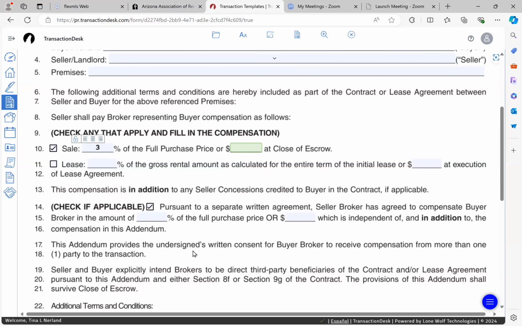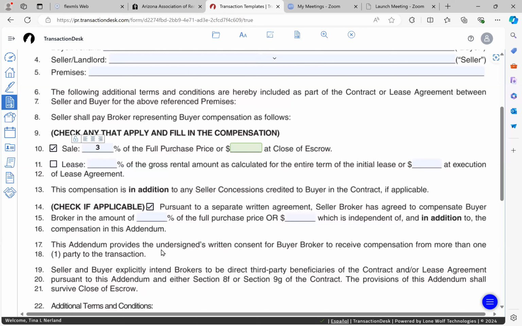This addendum provides the undersigned written consent for buyer broker to receive compensation from more than one party of the transaction. This line, 17 and 18, states that if the seller's only willing to compensate the buyer's agent 2.5%, the seller is going to pay 2.5% to the buyer's agent.